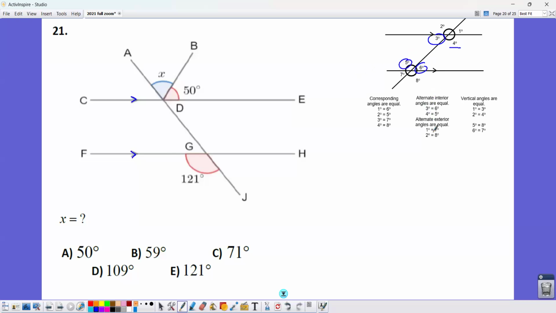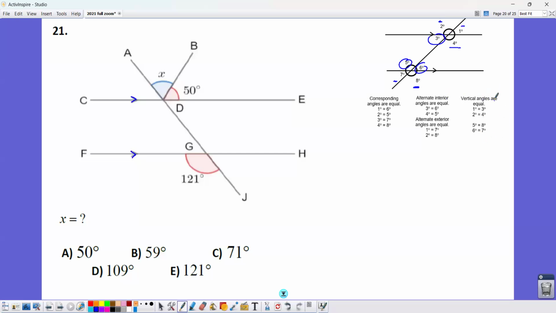They are called alternate interior, and we have alternate exterior like 8 and 2, opposite sides of the line out of the parallel lines, and 7 and 1. These are alternate exterior, and they are the same angles.